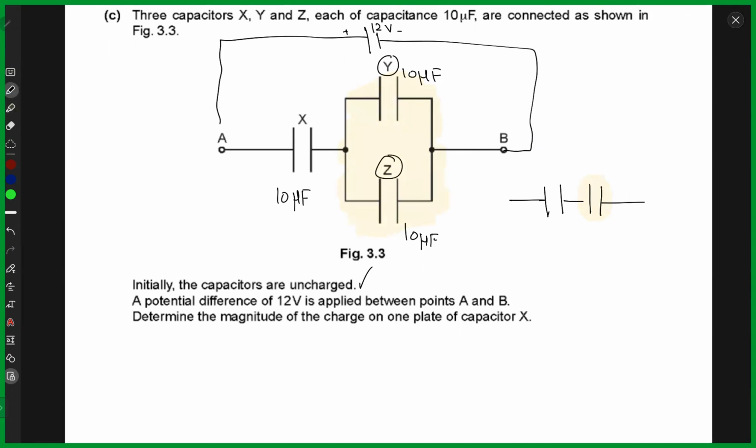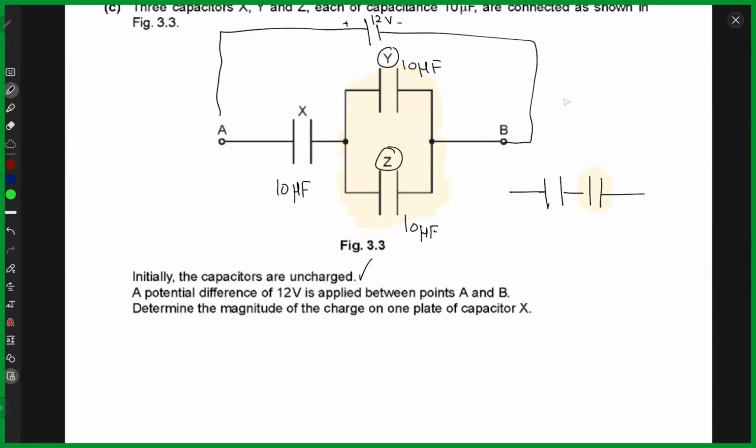If I do the parallel sum, that would be 10 microfarads plus 10 microfarads. And this would give me the combined capacitance of Y and Z together as 20 microfarads. So that's this capacitance of 20 microfarads. And then you have here 10 microfarads.